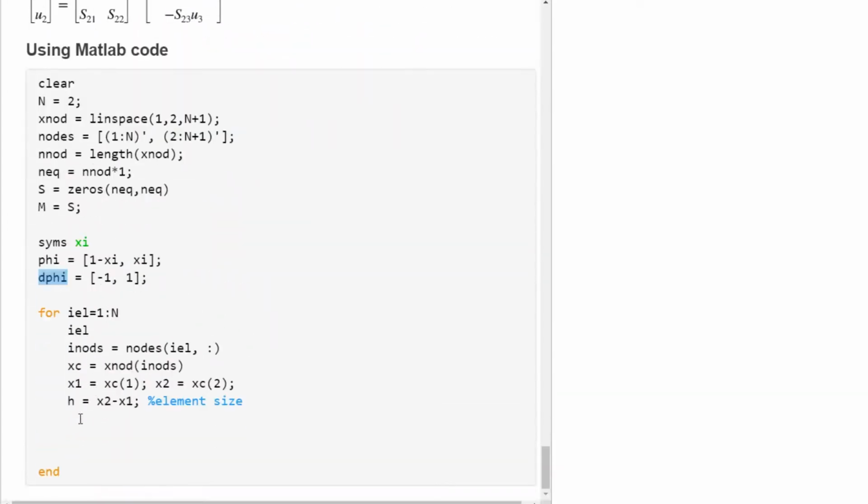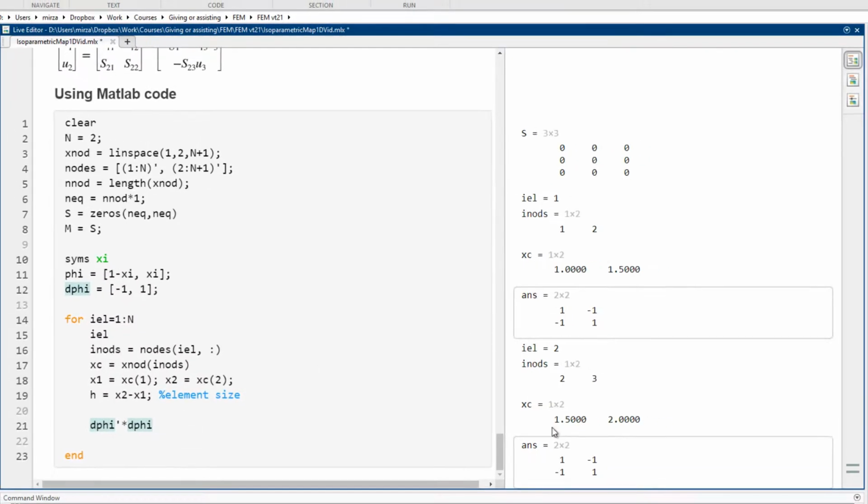So that means that we're doing the phi, and we're transposing it, and we're multiplying it with itself. So if we just run this, we can see what's happening here. Alright, so we have this matrix, good. Now we're multiplying that with 1 over h, like so, and we need to integrate this.